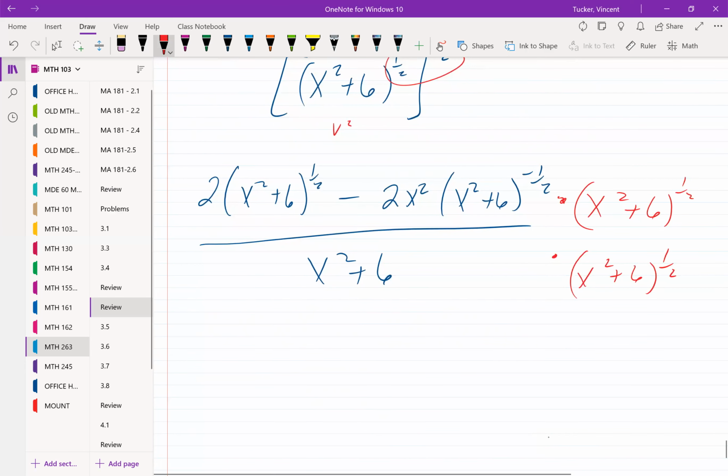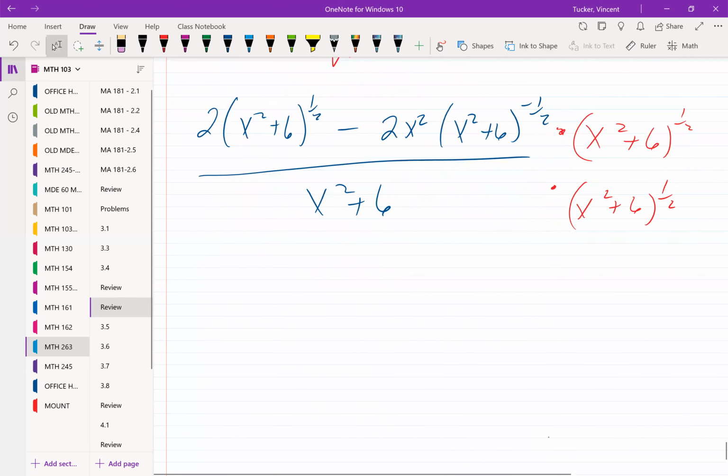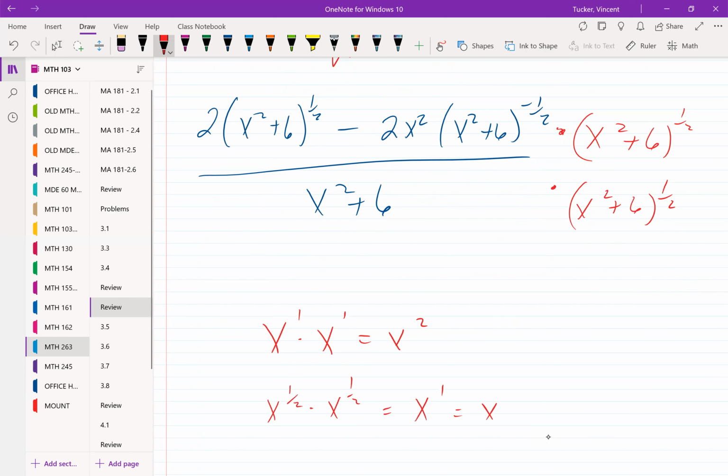So the reason why I did this, don't forget your exponent rules. If I have x times x, that's x squared because you're adding your exponents. If I have x to the 1/2 times x to the 1/2, that's x to the first power, which is just x, because 1/2 plus 1/2 is 1.